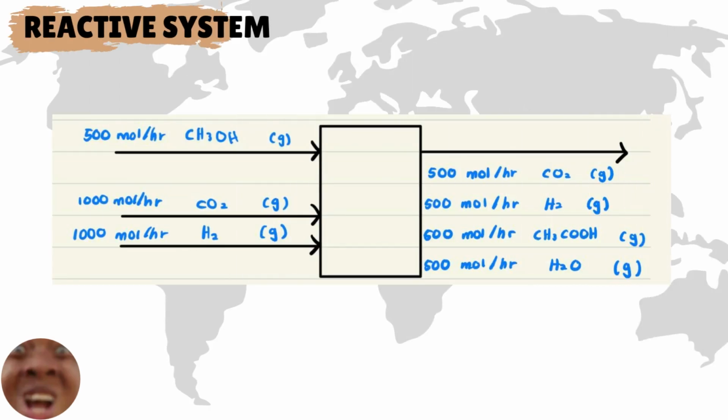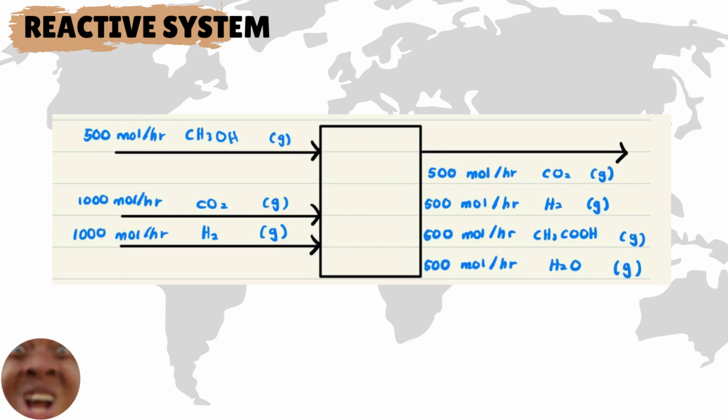Reactive system is occurring in batch reactor. This reaction is a catalyzed reaction at high temperature, which is 200 degrees Celsius, and higher pressure, 8 megapascal. At the inlet, 500 mole per hour of methanol is reacted with excess hydrogen gas. Both gases have percent excess of 100%.